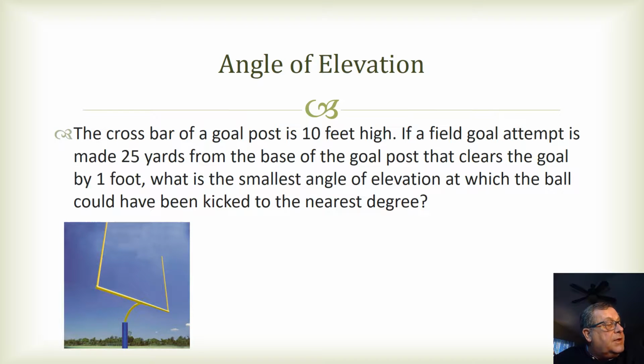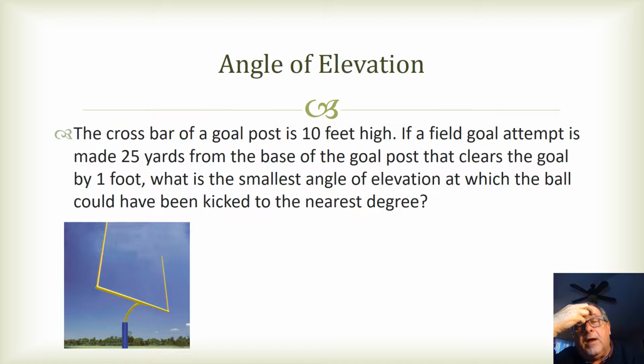An angle of elevation is formed by the horizontal line and an observer's line of sight to an object above that horizontal line. An angle of depression is an angle formed by a horizontal line and the observer's line of sight below the horizontal line.